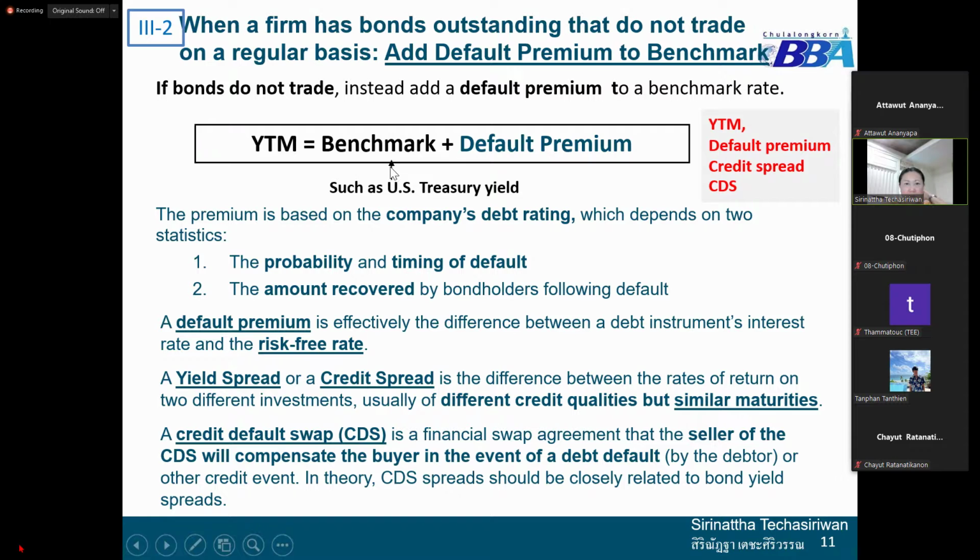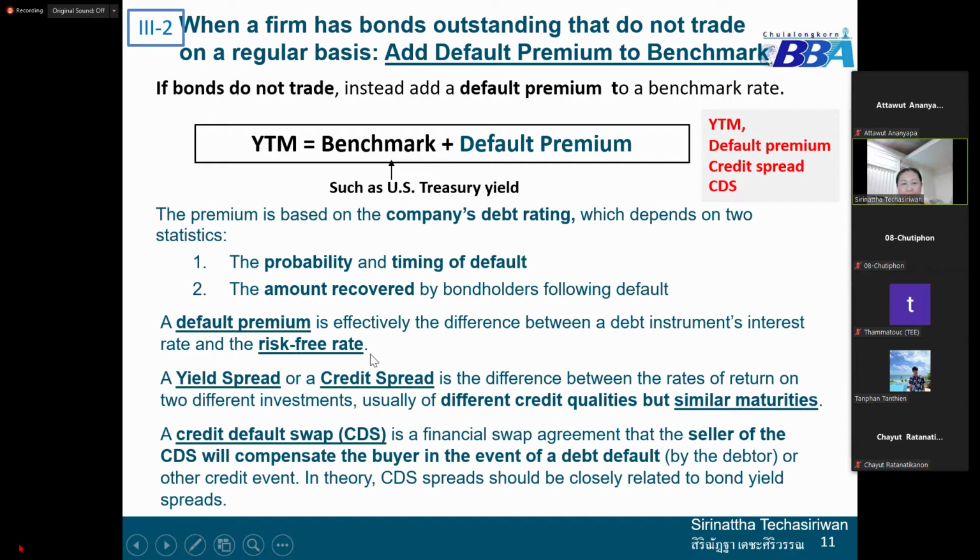So the cost of debt is the risk-free rate plus default premium. For the given credit rating, you need to add this default premium to the T-bill rate, the risk-free rate. And there is also data available on credit spread.